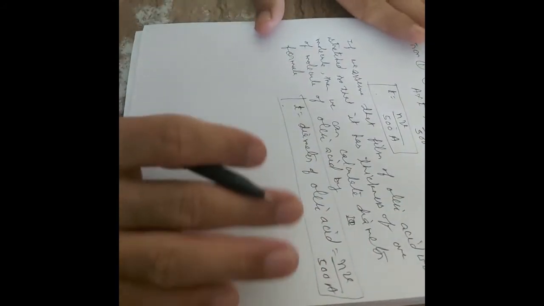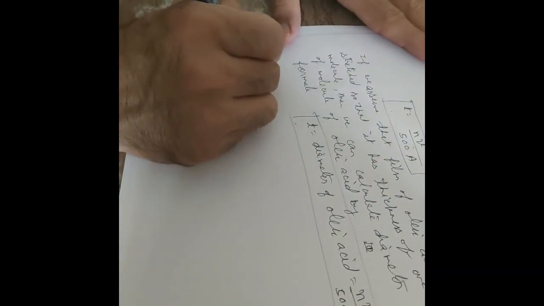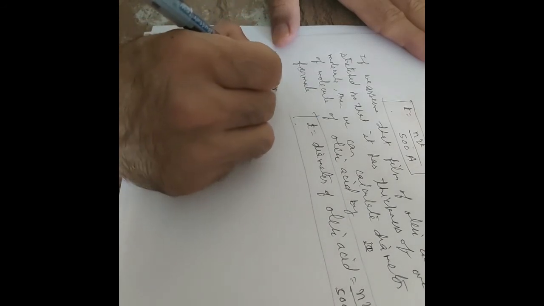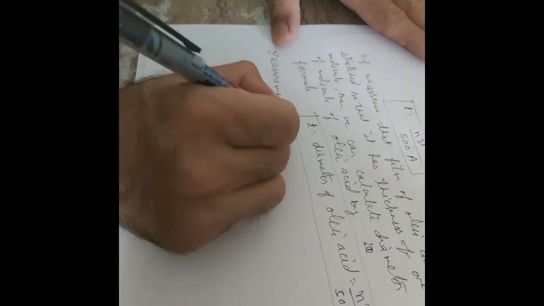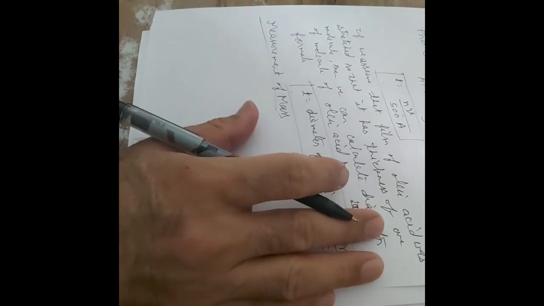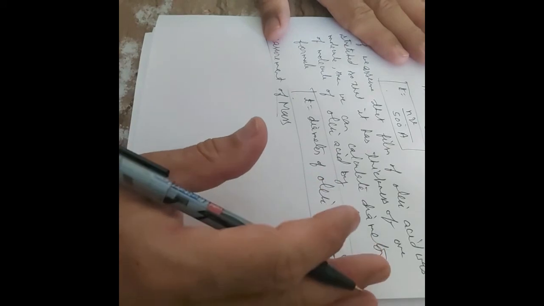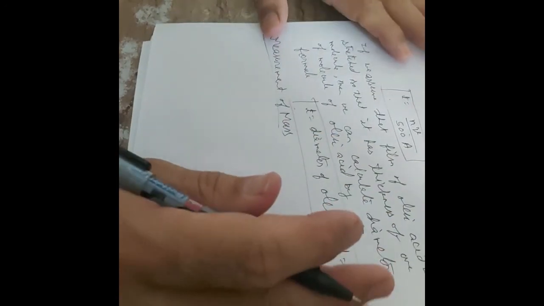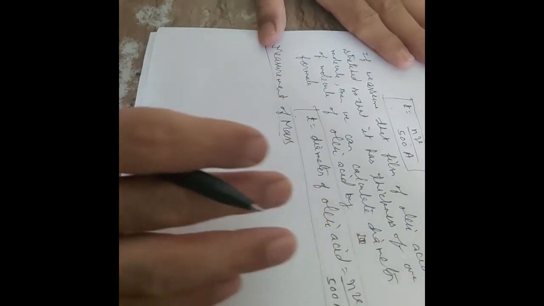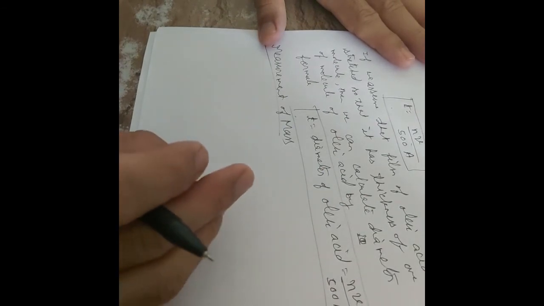Next is measurement of mass. How can we measure the mass? Listen, we observe the measurement of mass in our day-to-day life, and mass is a fundamental quantity. It does not depend on temperature, pressure, or location of the object in space.